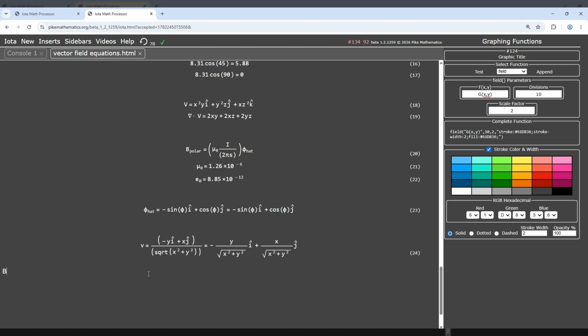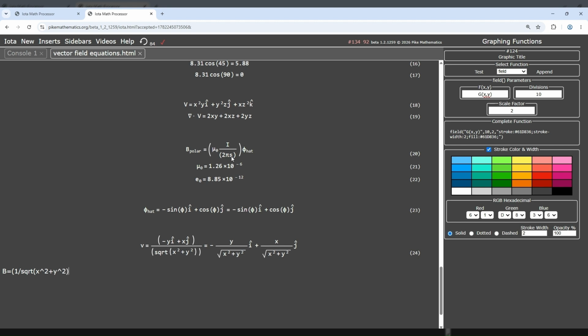We can redefine this as a vector field b, and again, mu naught I and 2 pi are all constants. We're just going to treat them like they're equal to 1. The thing that I can't treat equal to 1 is s. That's equal to 1 divided by the square root of x squared plus y squared.